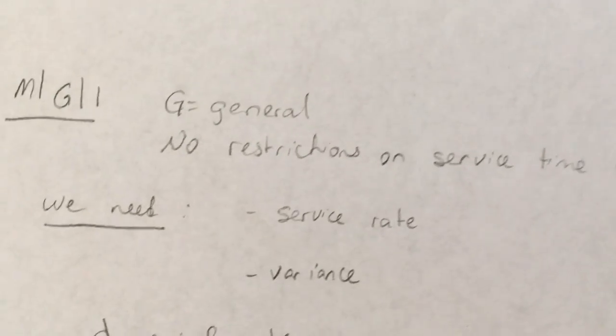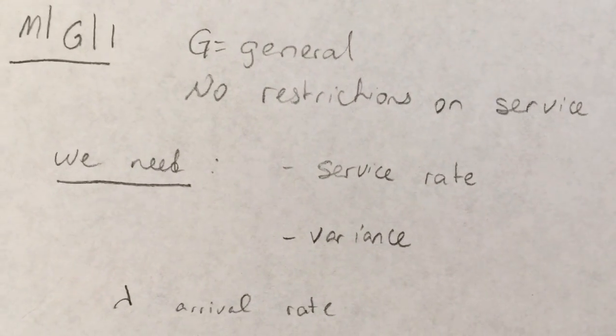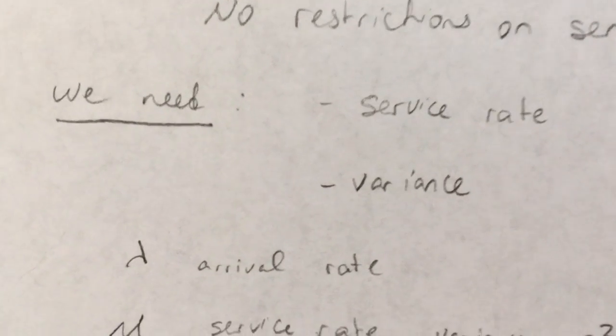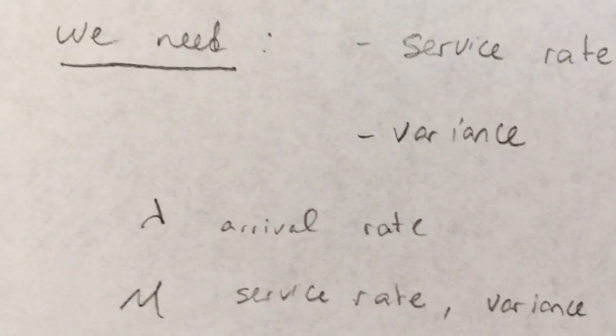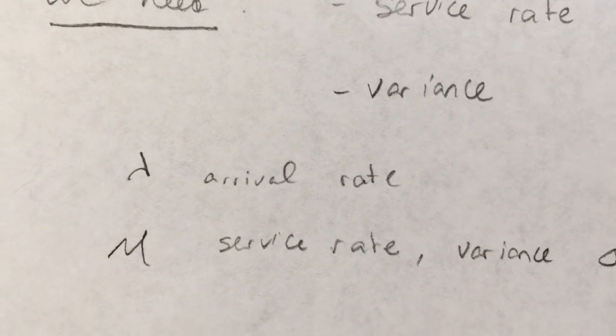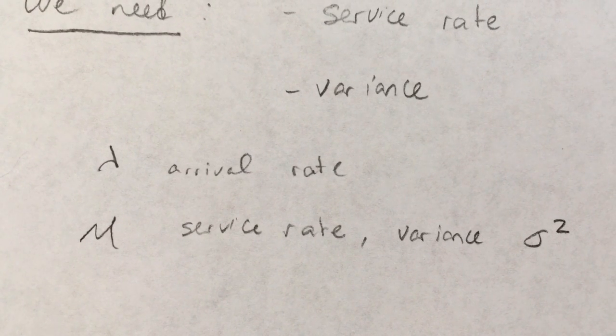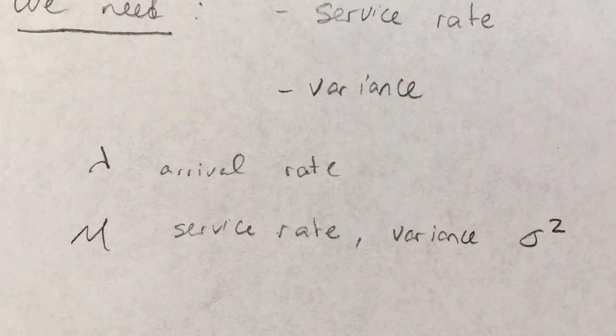So what do you need? Your service rate and your variance according to whatever the distribution is. You still have a Markovian arrival rate, an exponentially distributed arrival rate. Now you've got some service rate mu that has a variance of sigma squared.